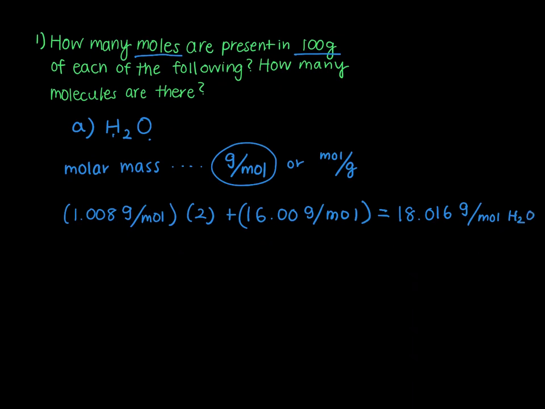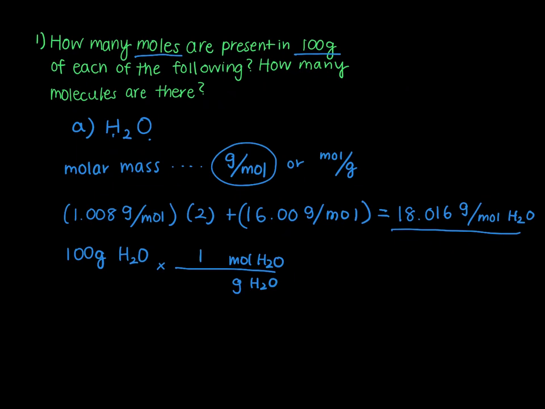Okay, so now what we want to do is use that information we're given in this problem, so 100 grams of water. And then we are going to have moles at the end. So what we want is moles of water on top, and then grams of water on the bottom. So this molar mass that we got, we are actually going to flip it.